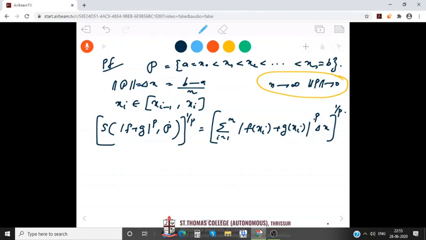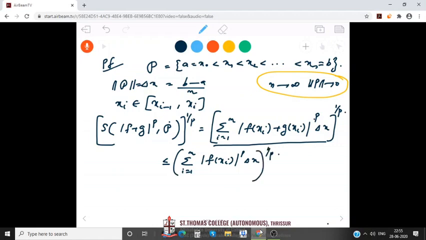Now, by Minkowski inequality in function spaces, I can say that the term inside the bracket is less than or equal to the summation over i equal to 1 to n of mod f of xi to the power p delta x, the whole power 1 by p, plus the summation i equal to 1 to n of the absolute value of g of xi to the power p delta x, the whole power 1 by p.